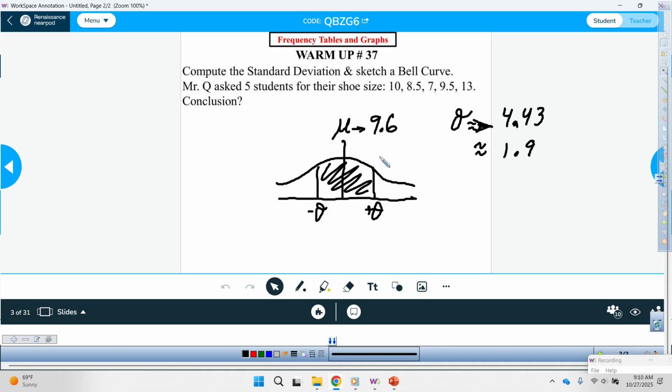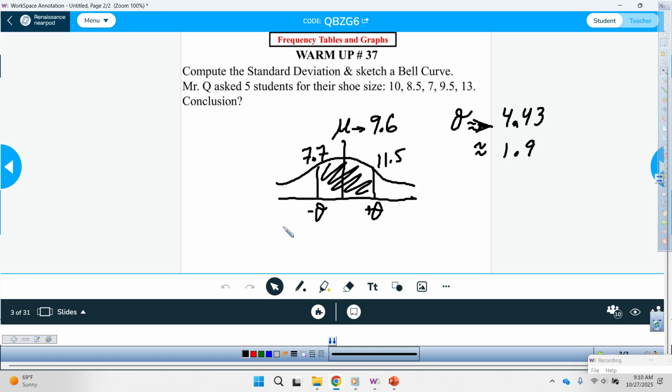So we should be at 11.5 on positive 1 standard deviation, and on negative 1 standard deviation we should be at 7.7. Is my computation correct?